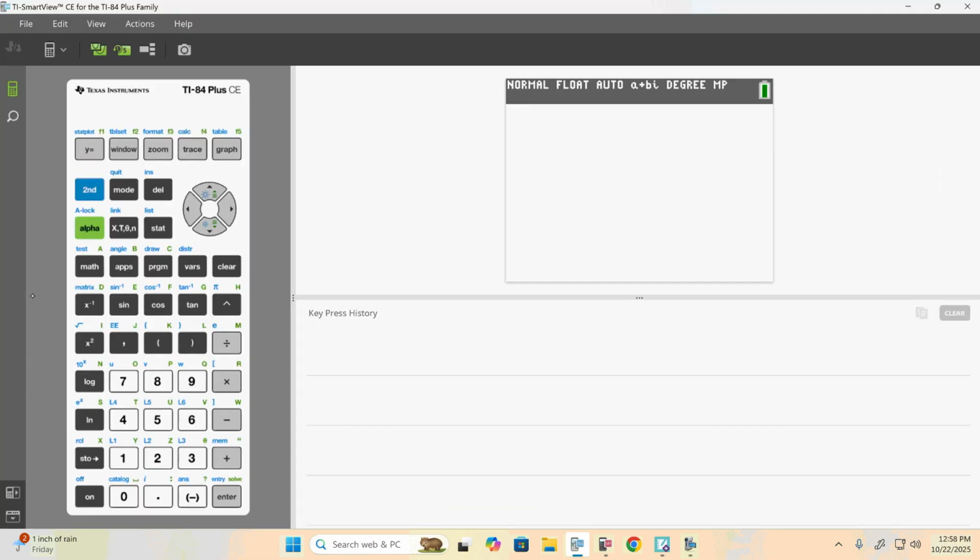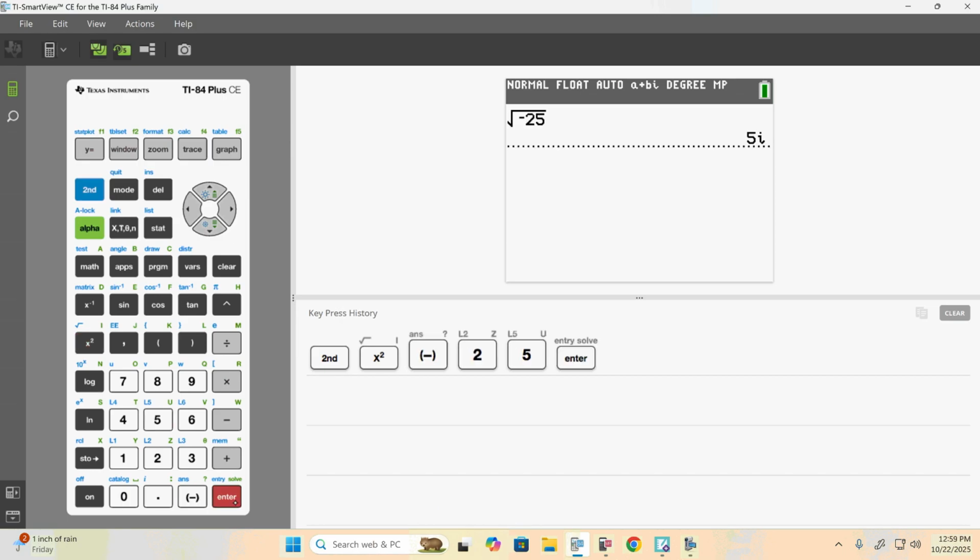Now the graphing calculator can do some of these here. So if we said second square root negative 25, it will tell us that it is indeed 5i. But the only way it does it is if it is in the mode a plus bi. It has to be set to a plus bi mode.